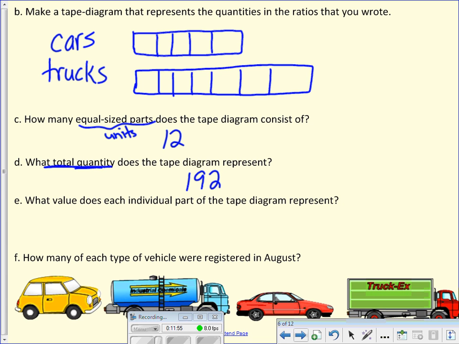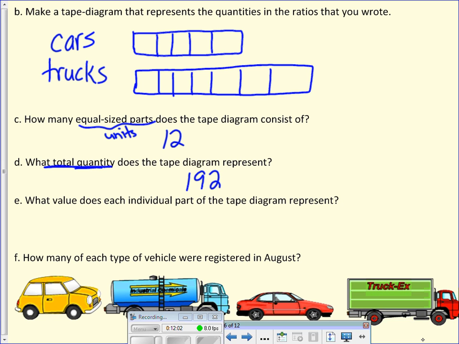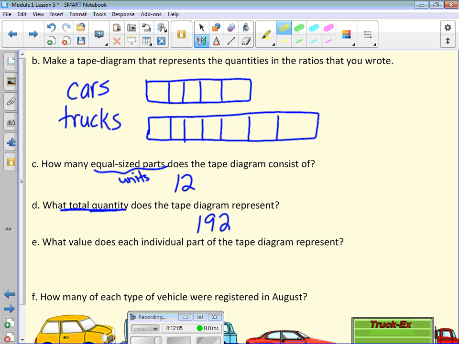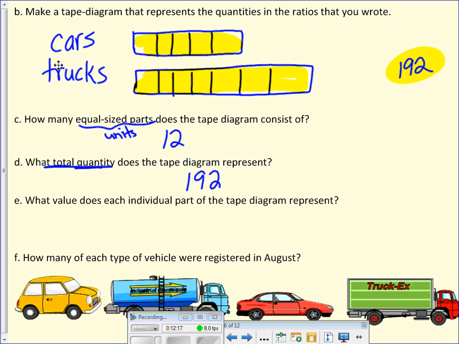So now, if all 12 of those boxes equals 192, what does one box equal?